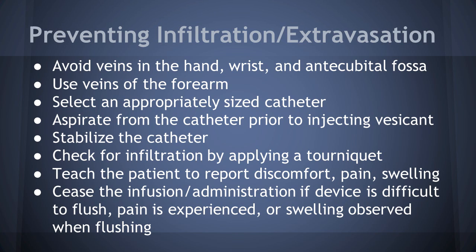So if you see that some of that fluid is actually infiltrating, then you know that you should stop the infusion right away. You want to make sure that you teach the patient to report any discomfort, pain, or swelling, and you want to make sure to cease the infusion and administration if the device is difficult to flush, if pain is experienced, or swelling is observed when flushing.